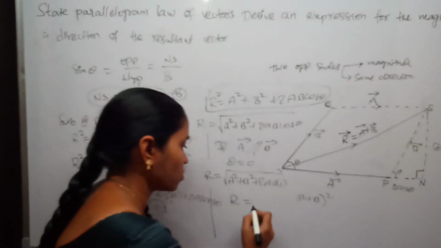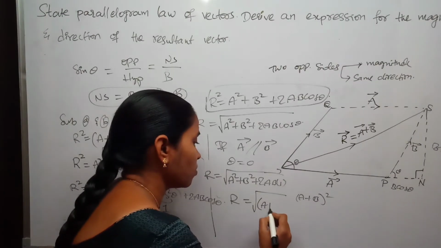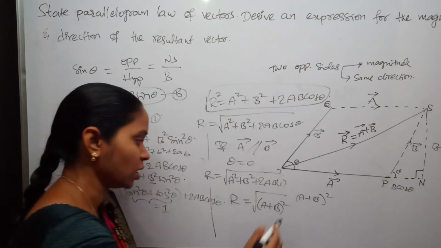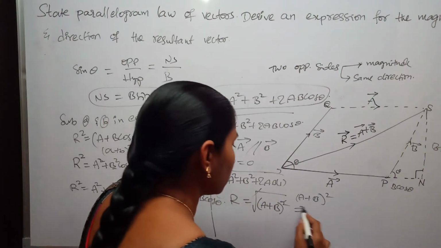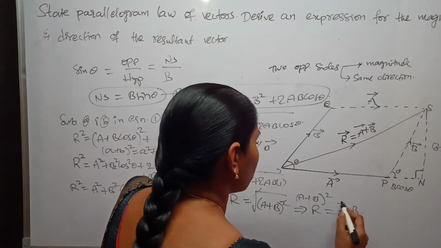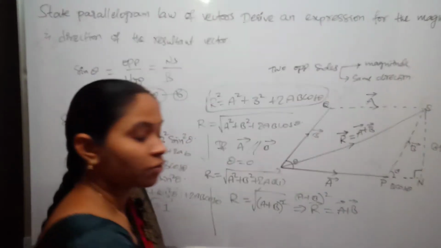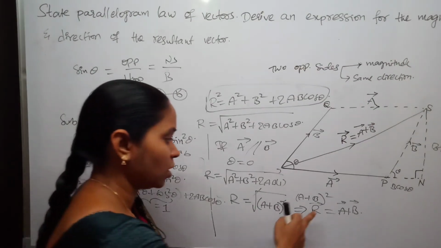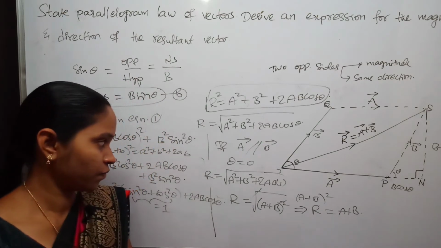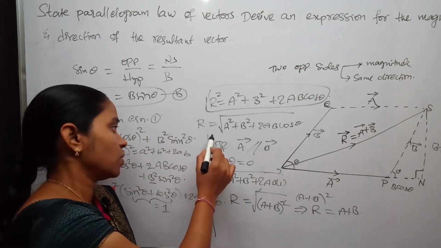So R is the square root of (A plus B) whole square, and the square root cancels. Therefore the resultant vector R is equal to A plus B. I'm taking the magnitude only. This is case 1.